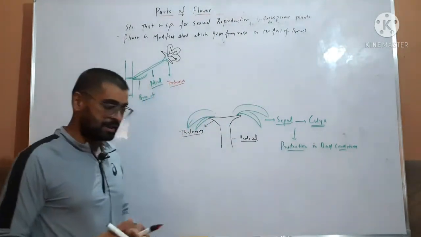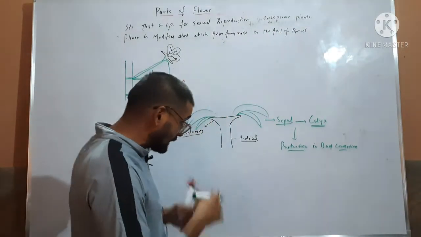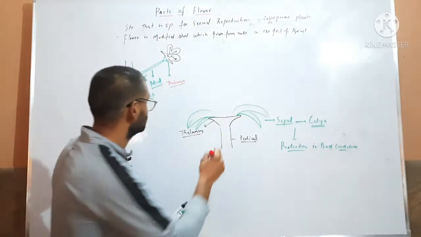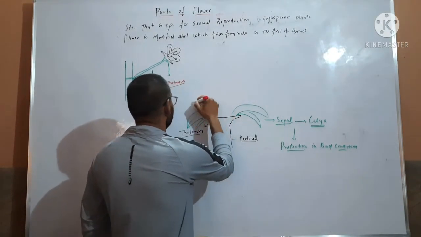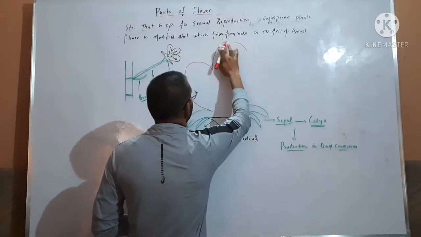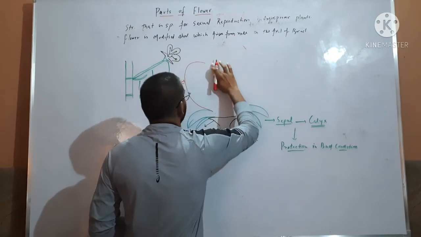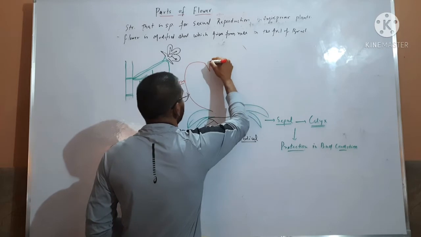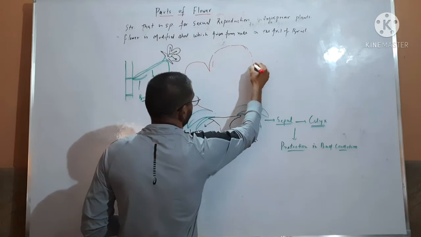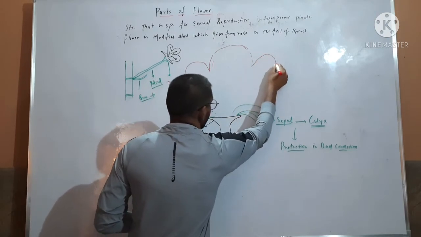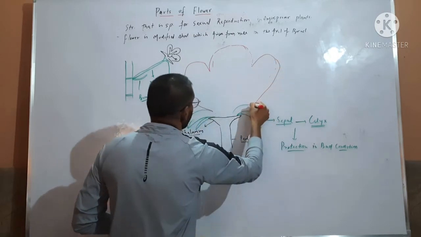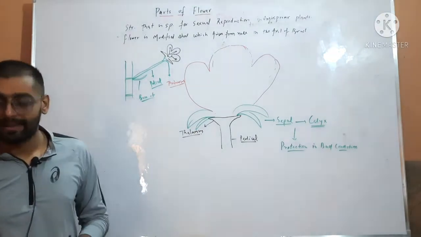That is called calyx. Now coming to the inner whorl, inner to the calyx is another brightly colored structure.